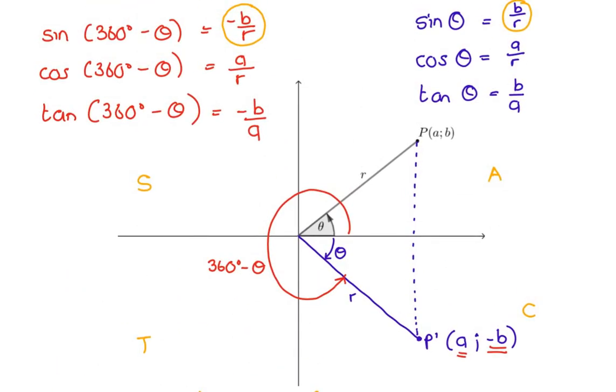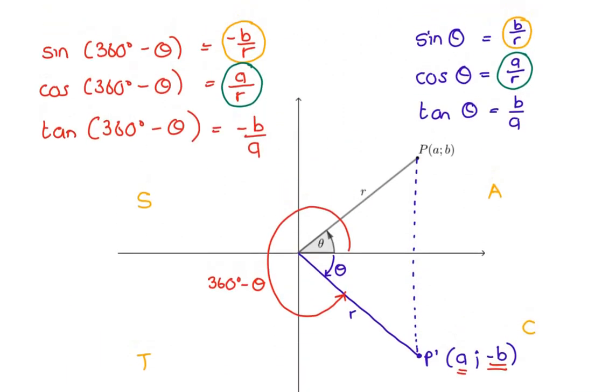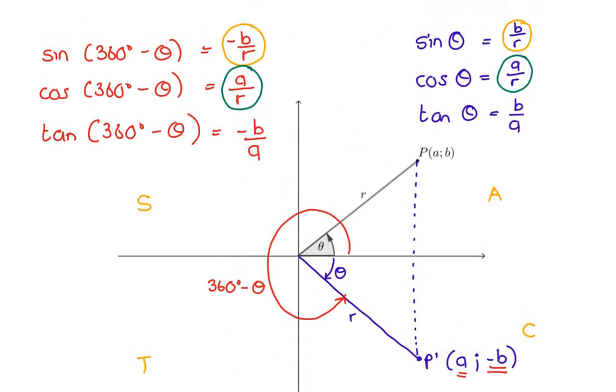Right, let's go back and have a look at the relationship in cos. Cos of 360 minus theta is a over r, and so is the cos of theta, making complete sense because we're working in quadrant 4. So our conclusion is that cos of 360 minus theta is always equal to the positive version of cos theta. And our last relationship exists between tan of theta, which is b over a, and tan of 360 minus theta, which is the negative version.